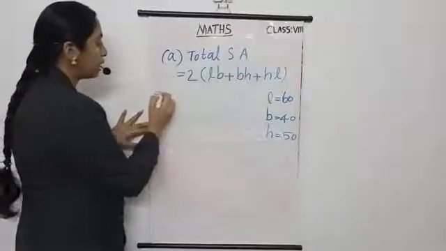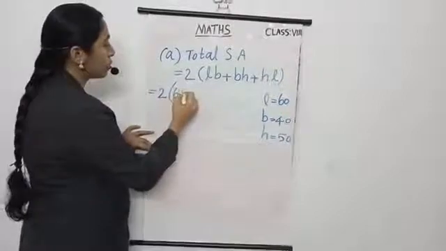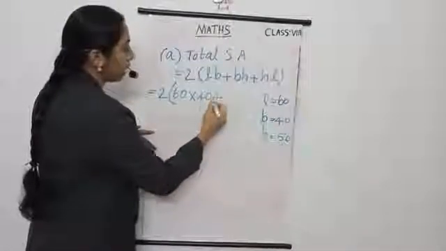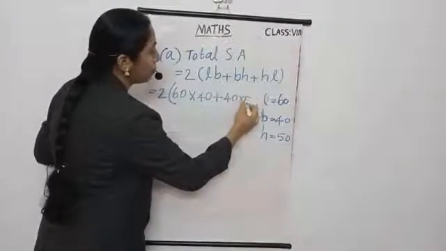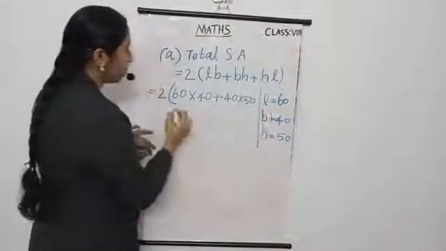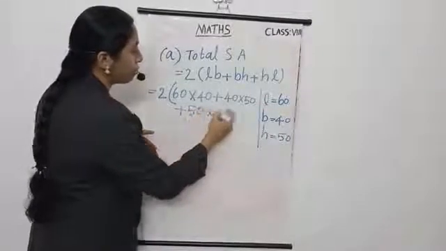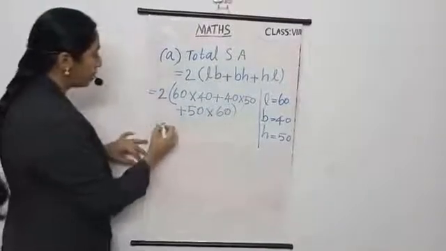So this is 2 into (60 into 40, plus breadth 40 into height 50, plus height 50 into length 60). Bracket close.